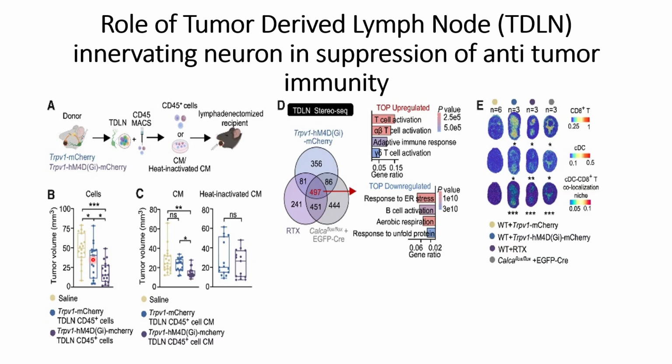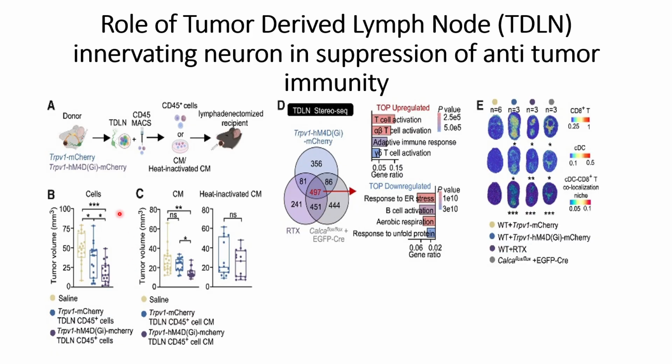This indicates that these immune cells are necessary for tumor suppression. The tumor suppression seems to be enhanced when they use the chemogenetic reagent, which results in further tumor suppression, as can be seen in panel B.